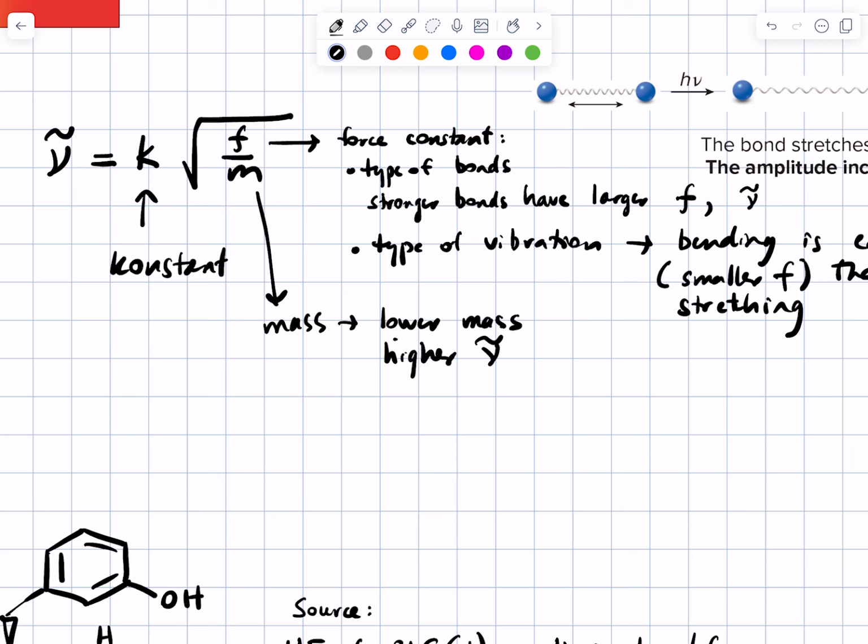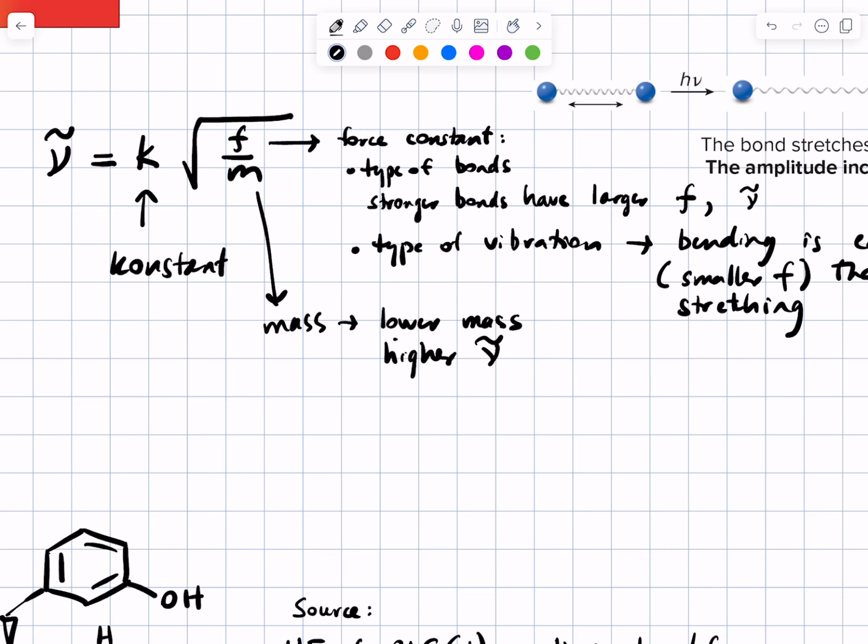So you would expect a carbon-hydrogen single bond to vibrate at a much higher frequency than a carbon-carbon single bond, because the hydrogen is much, much smaller, by a factor of 12, than a carbon.